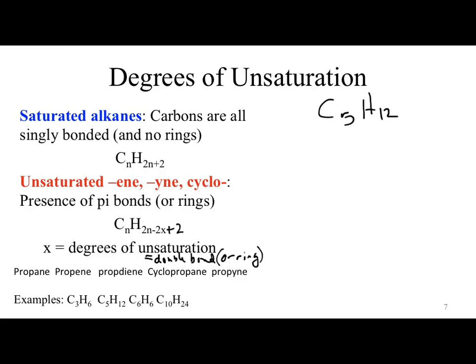How many degrees of unsaturation? So how do we figure that out? Now we end up going in the reverse. There's another formula that you can memorize for this too, but I never memorized it, so I have to derive it each time. If the structure was fully saturated, how many hydrogens would I have?